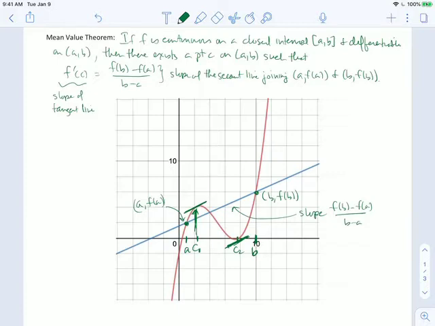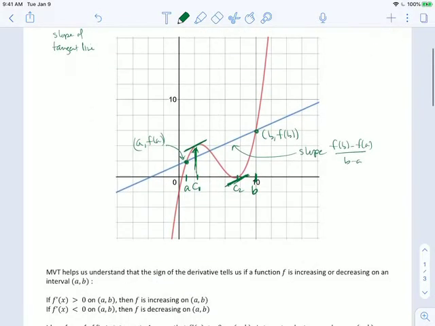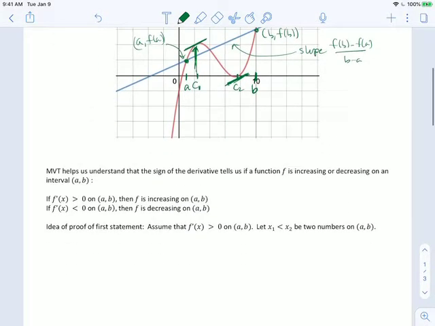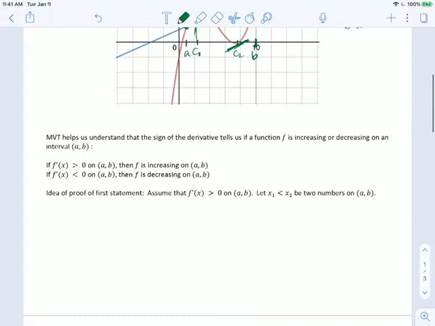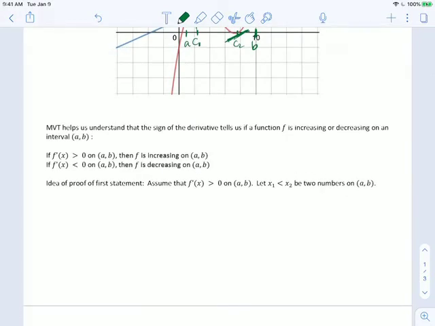So we're going to turn right around and use the mean value theorem to help us see an important result about how the sign of the derivative is related to the behavior of the function. In particular, the sign of the derivative tells us whether a function is increasing or decreasing on an interval. My first statement is when the derivative is positive on an interval, that means the function is increasing.